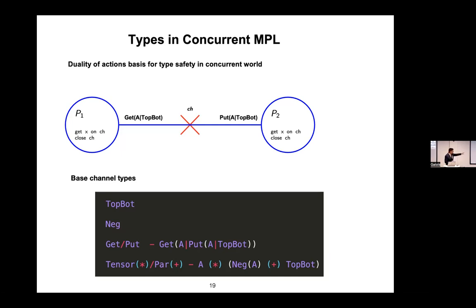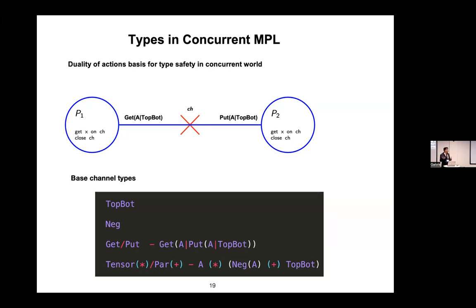So these are the basic channel types. We can use these basic channel types to define very complex interactions happening on a channel. And these types are called either protocols or co-protocols.